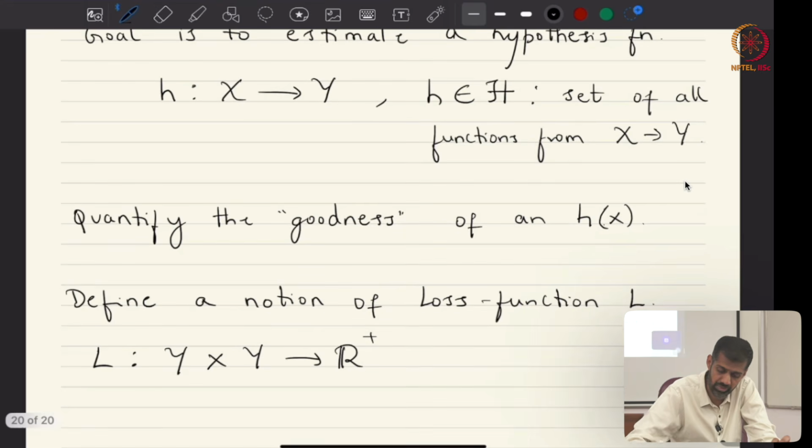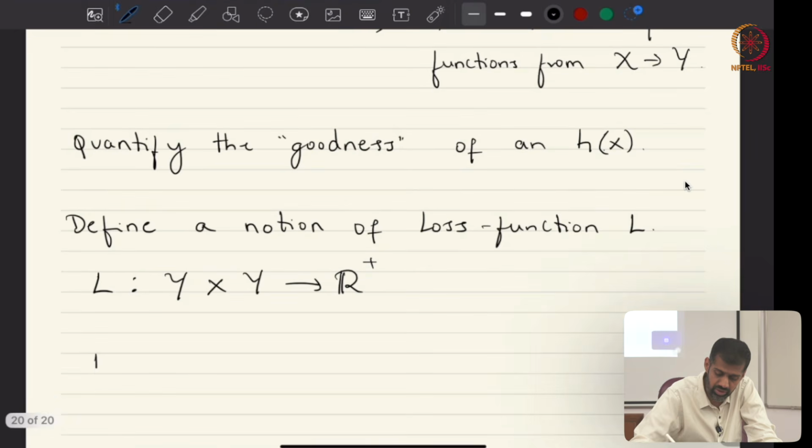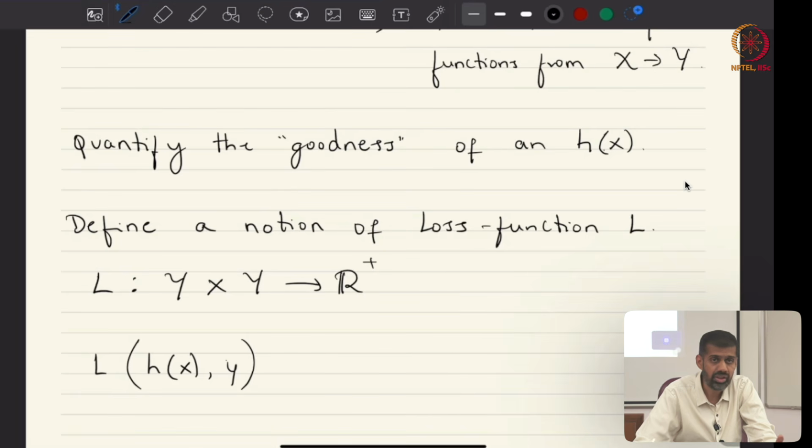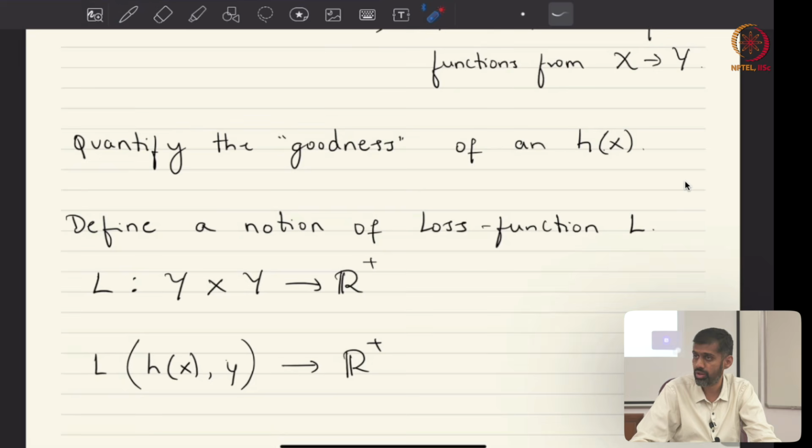What do I mean by that? This loss function can take values from the space of y cross y, and then give you a positive real number.